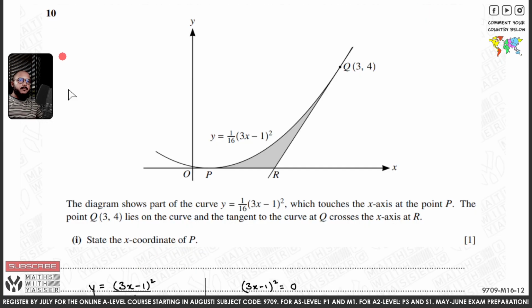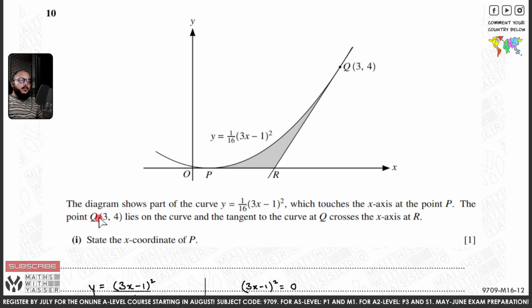Question number 10. The diagram shows part of the curve y equals 1 over 16 times (3x minus 1) whole squared, which touches the x-axis at the point P. So since it touches the x-axis at point P, what we know for sure is the y-coordinate must be 0 since it's on the x-axis.